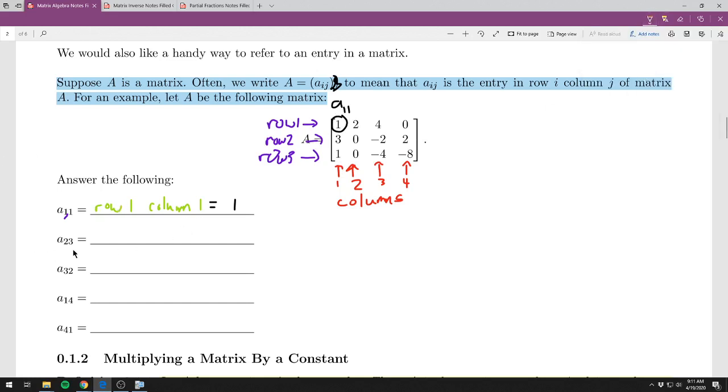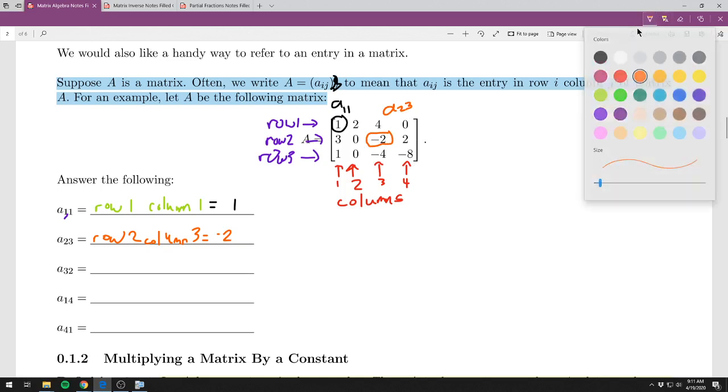All right, the next one we want is in row 2, column 3. Row 2 is right here, the second row, and we go over to the third column and see that it is -2. We're just referring to the entry.